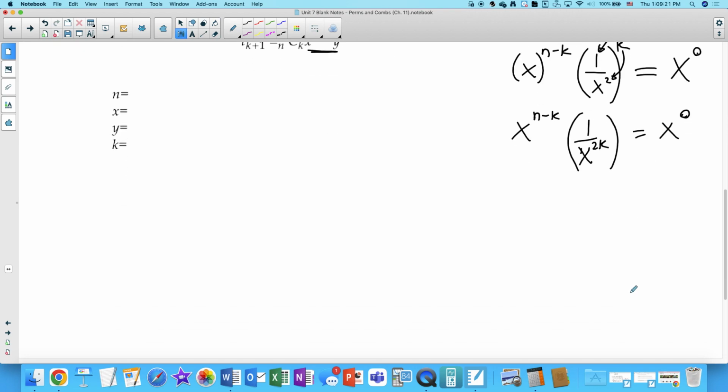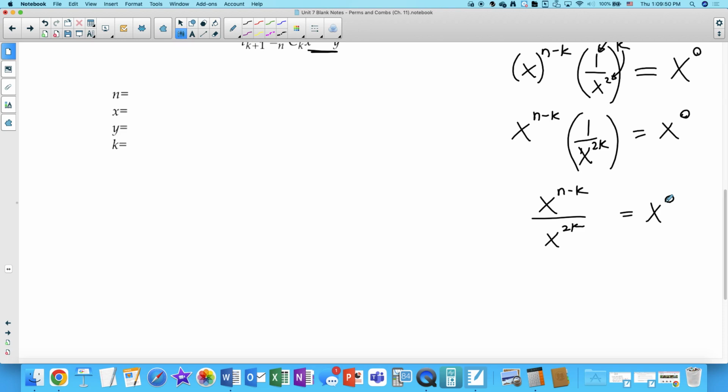And if you put this together into a single expression, we'll have x to the n minus k over x to the 2k equals x to the 0. Okay, this is actually an exponential equation. And so if we can write the left side as a single power, then we can drop the bases, set the exponents equal to one another, and solve for k.